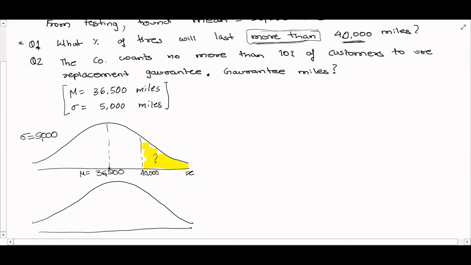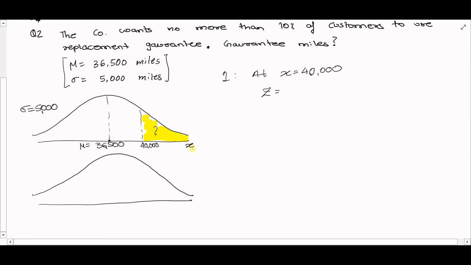To do so, the first step is to figure out that when x is 40,000, how much is z equal to? So you standardize this. Instead of thinking of x, let's standardize the values of x and center at 0 and have sigma equal to 1.